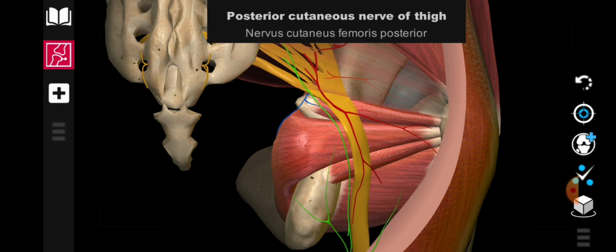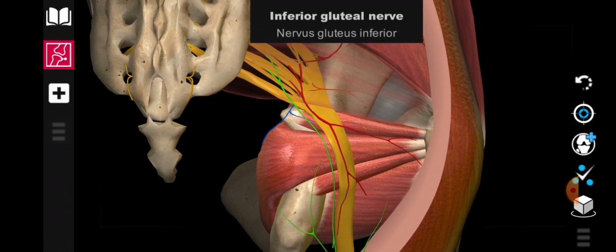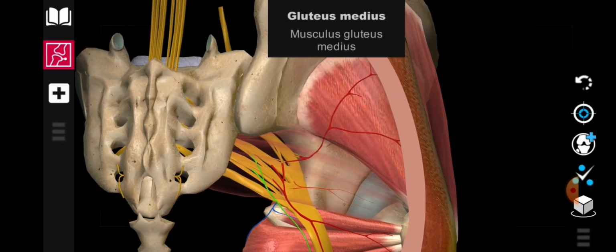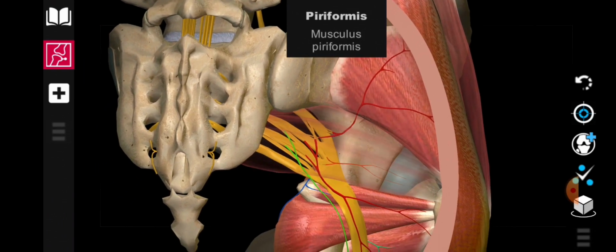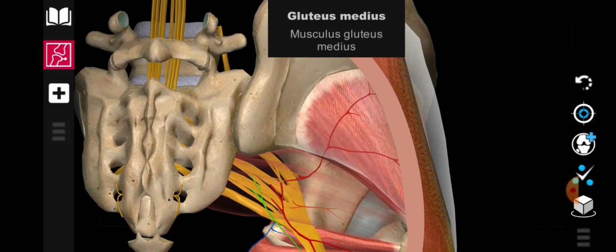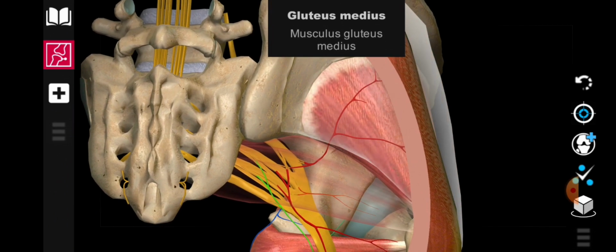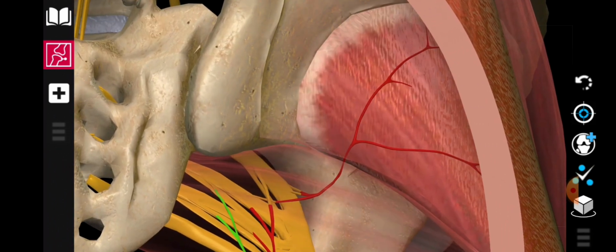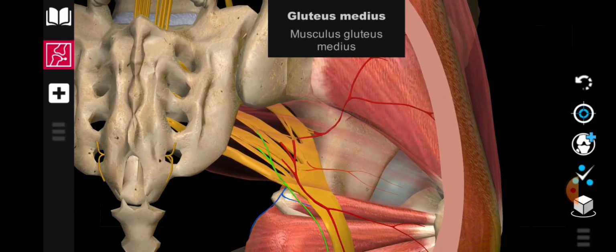And now we will see various branches. This, in green, is the posterior cutaneous nerve of thigh. This is the inferior gluteal nerve. Over the gluteus medius there is the superior gluteal nerve being shown in red, but I cannot click it to show you the name, right?